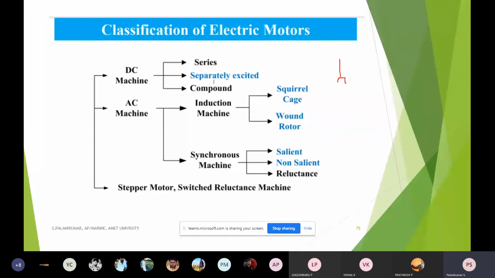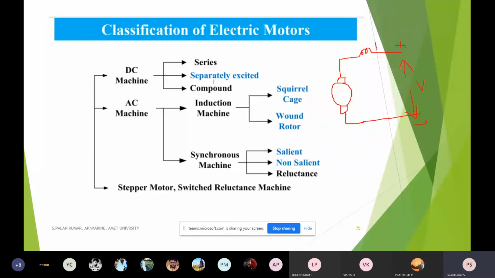In the series connection, my field coil will be connected in series with the armature coil. So this is my field coil, connected with the armature coil, and I am going to give the supply straight away. This is my series motor, and I give the voltage.